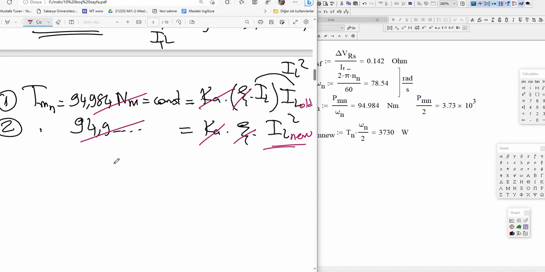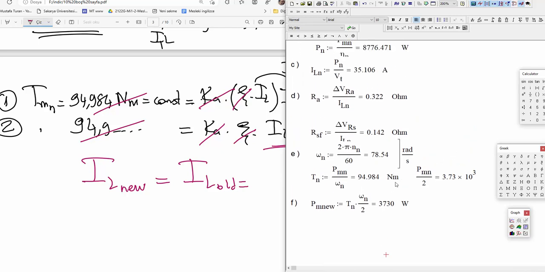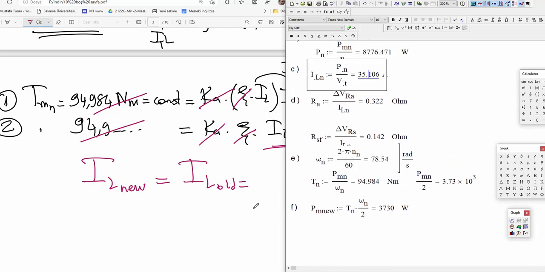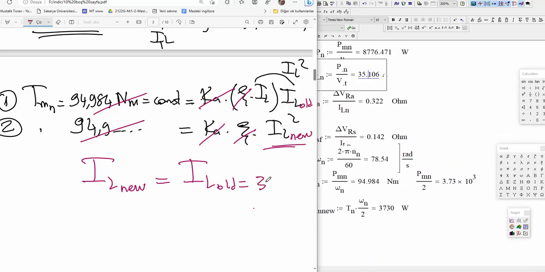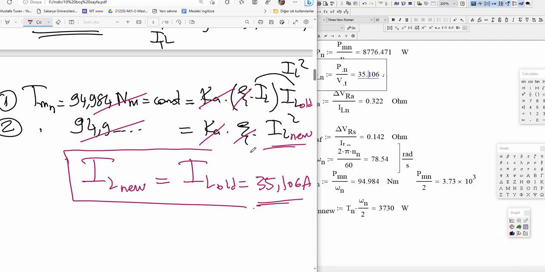It looks like a hidden parameter, but load current new value is equal to load current's old value, which is 35.5106 amps. That is one of the important parameters to be calculated for the solution.